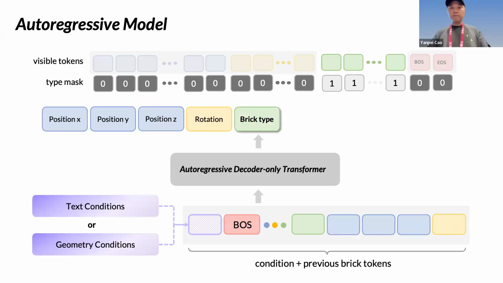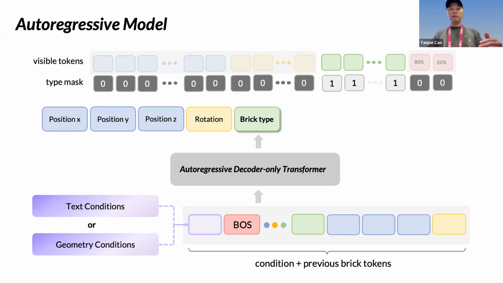And with the data in place, we then develop the model. We call it LEGOverse Lego ACE. It's an autoregressive decoder-only transformer. And the key idea is to treat the building of a Lego model like writing a sentence or a paragraph. Each brick with its 3D position, rotation, and unique type is converted into a sequence of discrete tokens.